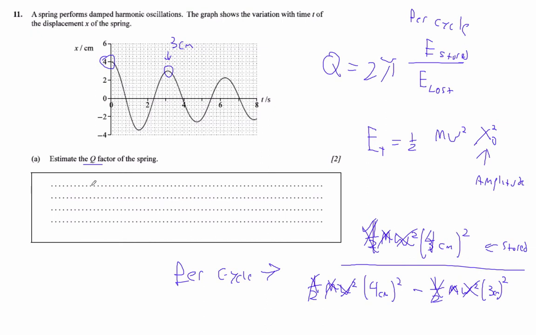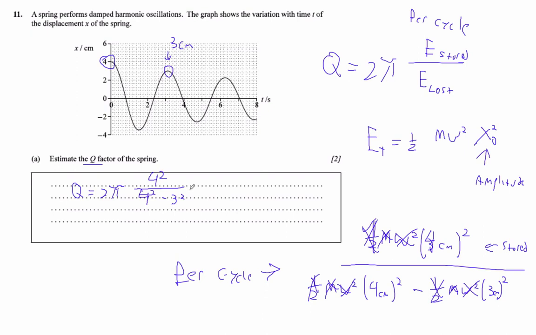And you end up with Q equal to 2 pi times 4 squared divided by 4 squared minus 3 squared. If you get your calculator out, of course you need your calculator, not that I'm just grabbing my calculator right now.